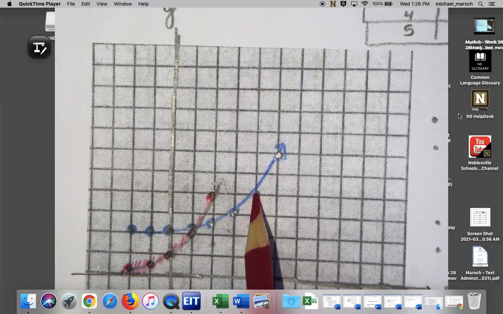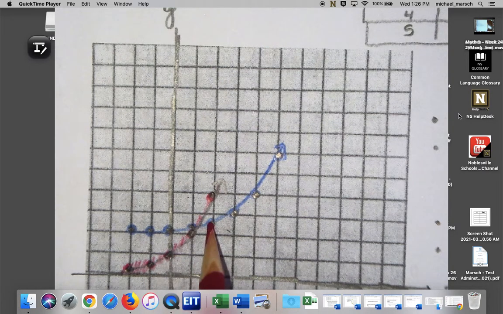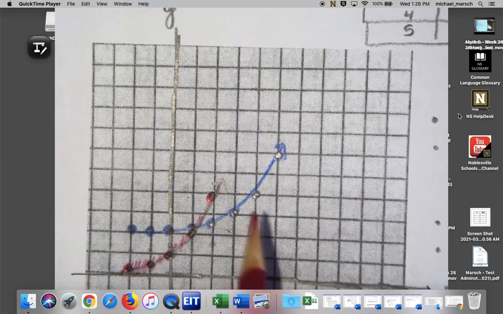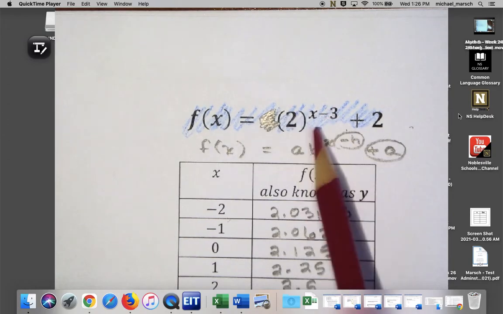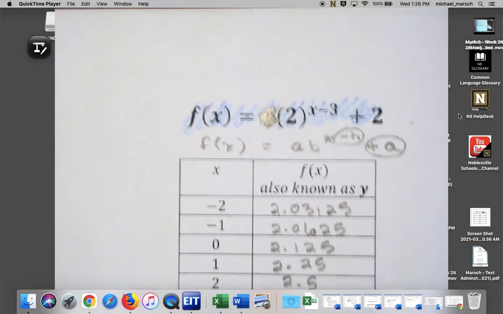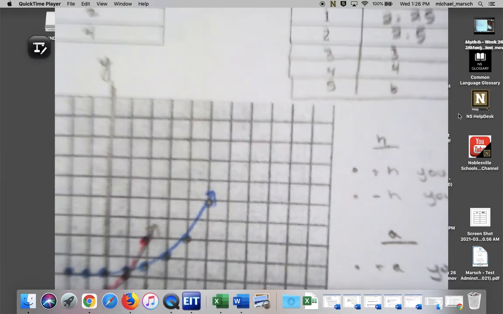Right? And if I take this point here, which is kind of in a weird spot, and I go 3 to the right and 2 up, I'm at another point for my blue graph. But what if you go 3 to the left? Well, that would only be if I had plus 3 up here. Then I would go 3 to the left, right?